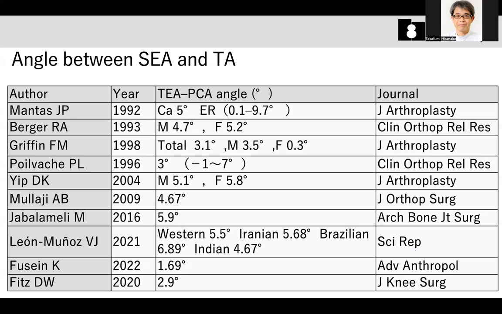So that's why mechanical alignment is a reconstructive operation, but kinematic alignment is a resurfacing, repairing operation. The philosophy is completely different. So one evidence is the quite wide variety of the rotation twist angle among the patients.